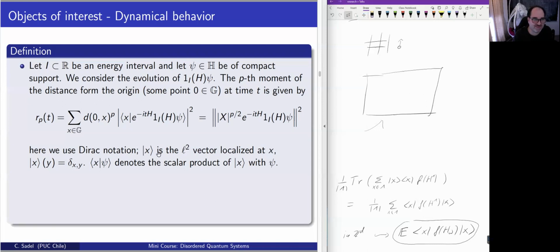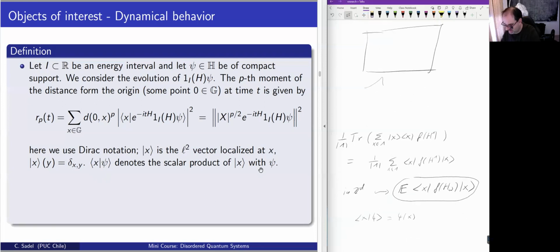So this is a vector localized at x, and then the scalar product of x and psi, and that's basically a fancy way of writing psi of x. Then we take the absolute value squared of this and we multiply by the distance from 0 to x to the power p and sum over all lattice points in the lattice case.